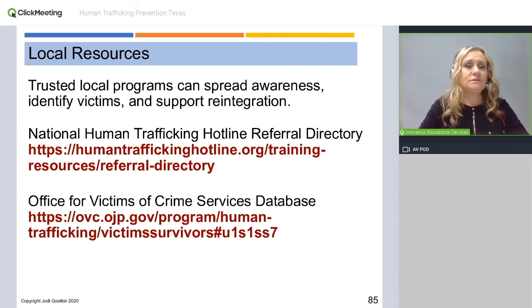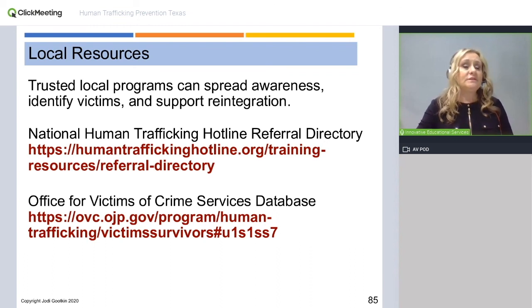Local resources are also beneficial. Different communities may have different needs based on the types of human trafficking that is occurring. Building that trusted network of local resources can help coordinate the services for the individual and provide that immediate assistance that they may need, and those services need to be available for foreign nationals as well as domestic individuals.